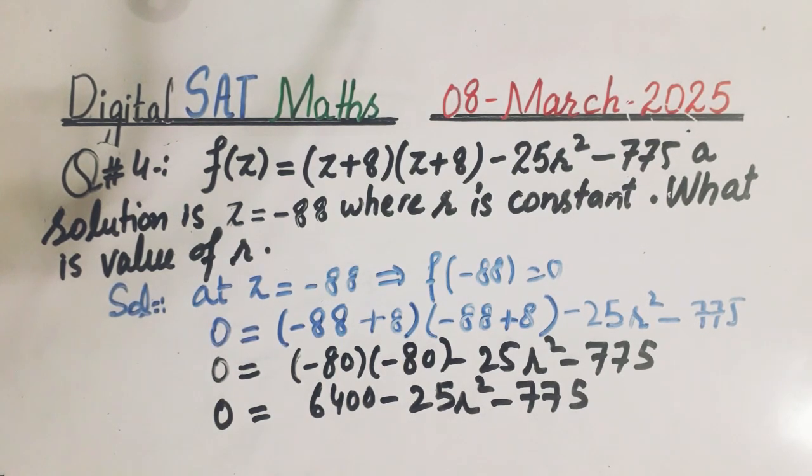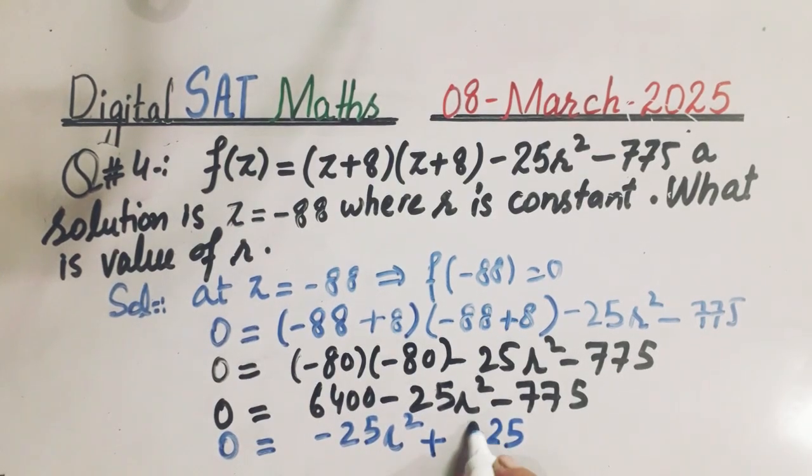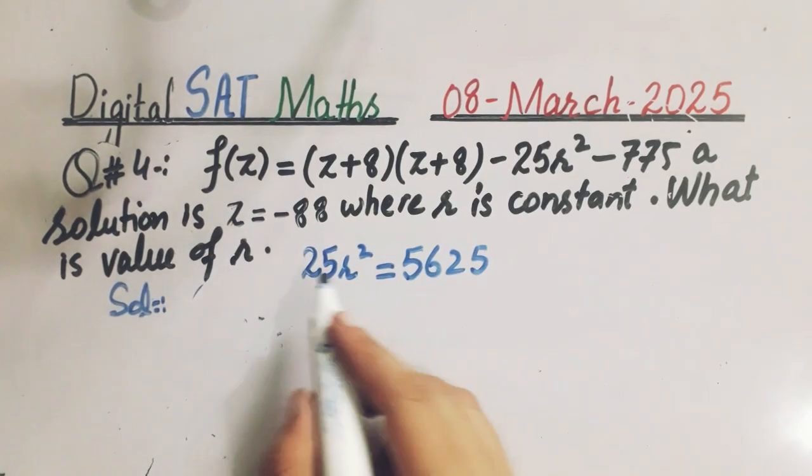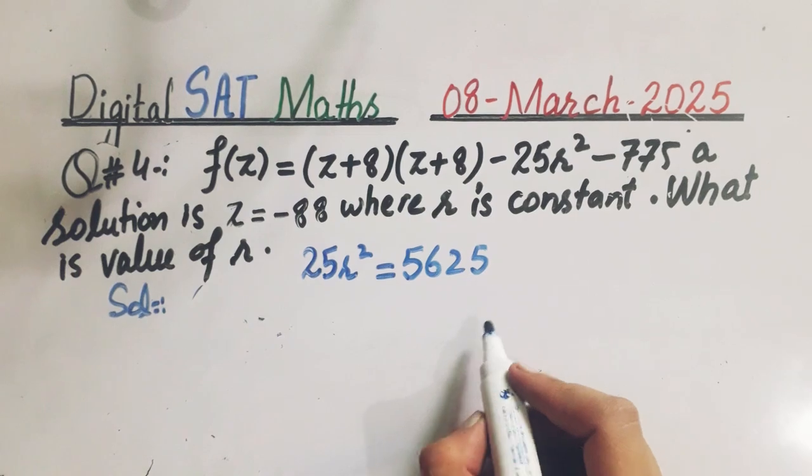So this implies that 0 equals minus 25 r square, and 775 subtracted from 6400 we will get 5625. Now we have to find the value of r. Now we have 25 r square equal 5625.